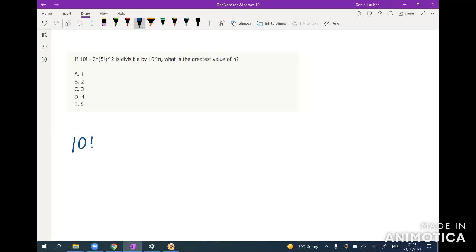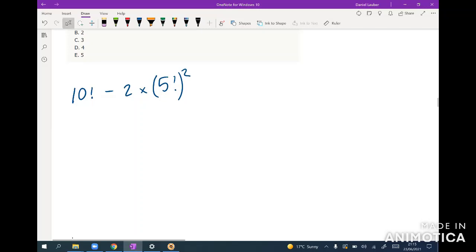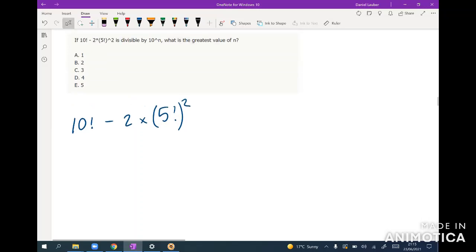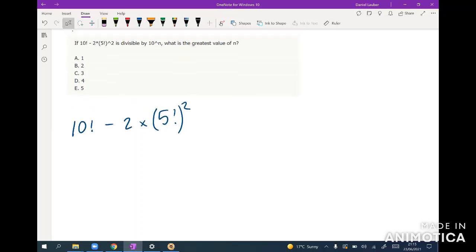Okay, if 10 factorial, let's rewrite this. If 10 factorial minus 2 times 5 factorial squared is divisible by 10 to the n, what is the greatest value of n? Ooh, okay. So we want to ideally factorize this a little bit, or at least think about, well, okay.